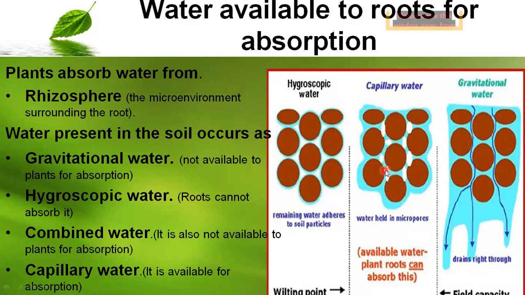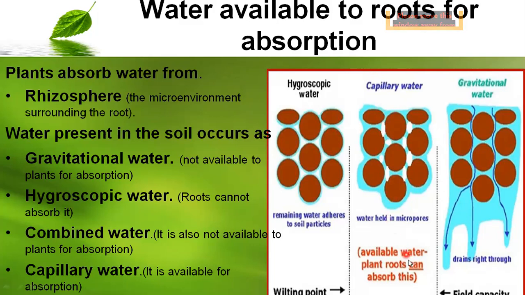See, these water molecules pass in the upward direction. This water that remains in the soil after gravitational water is drained out, and the movement of water within the spaces of porous soil particles is known as capillary water.